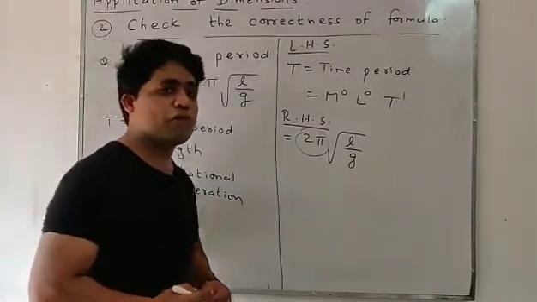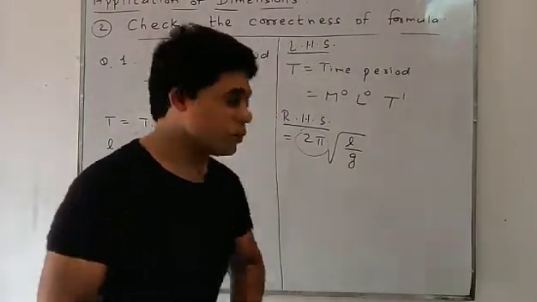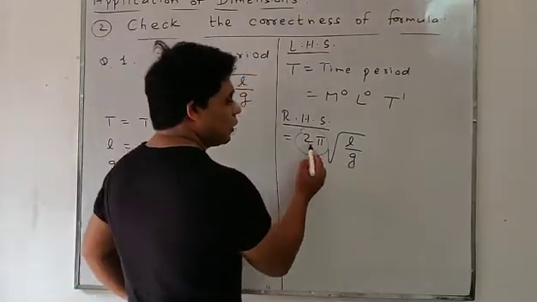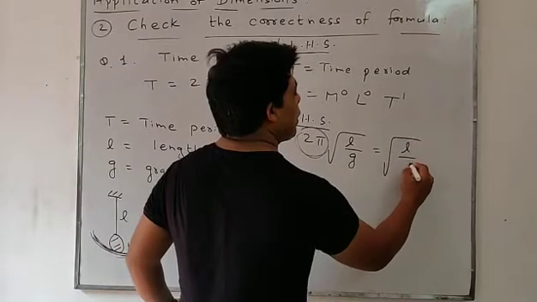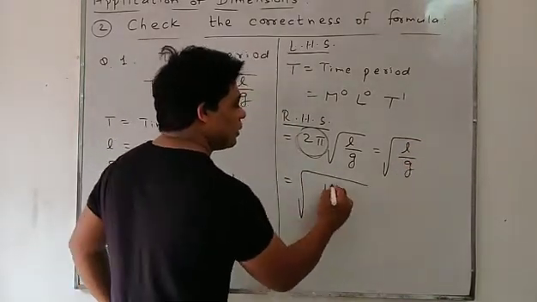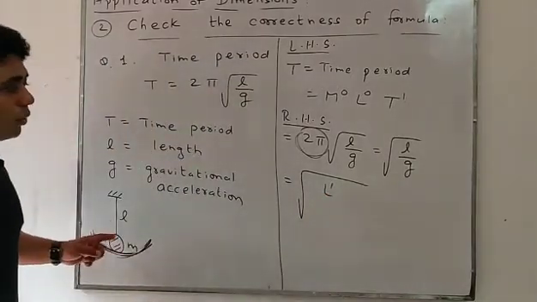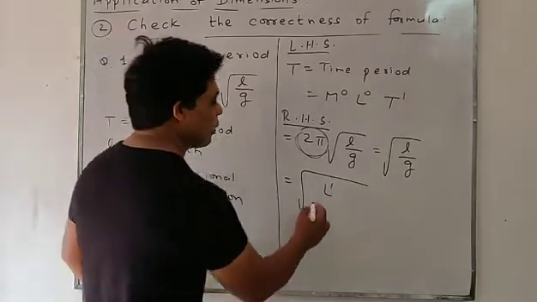There is no dimension of a number, all numbers are constant, so the number will be neglected. So the 2 pi term will be neglected, we'll use only L by g. Now students, L is length, represented by L. Distance, height, radius, all are represented by L.